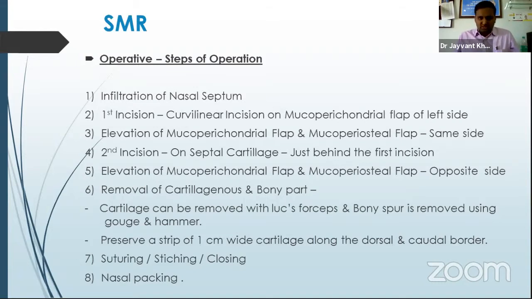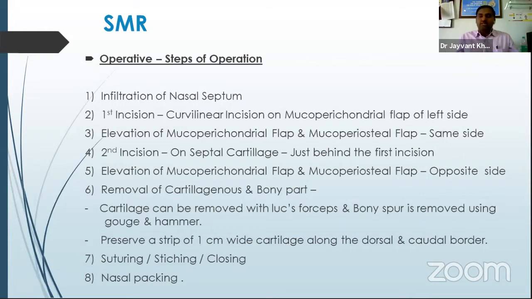It is infiltration of nasal septum with the help of Xylocaine 2% with adrenaline 1 in 50,000. You can infiltrate the nasal septum, operative site, and somehow turbinates.